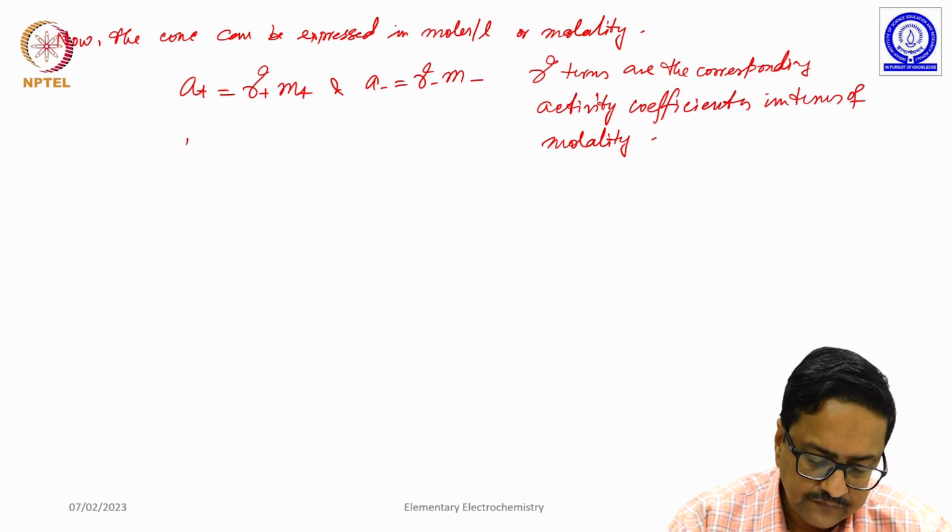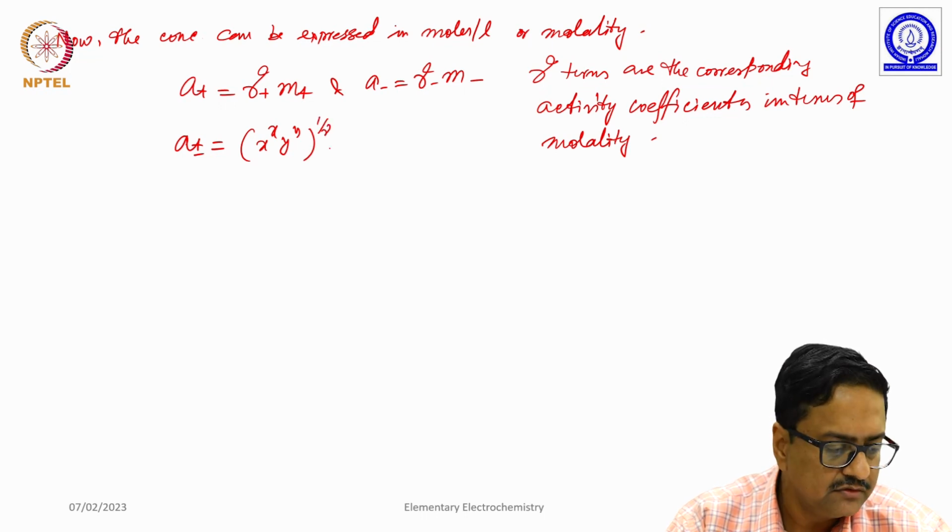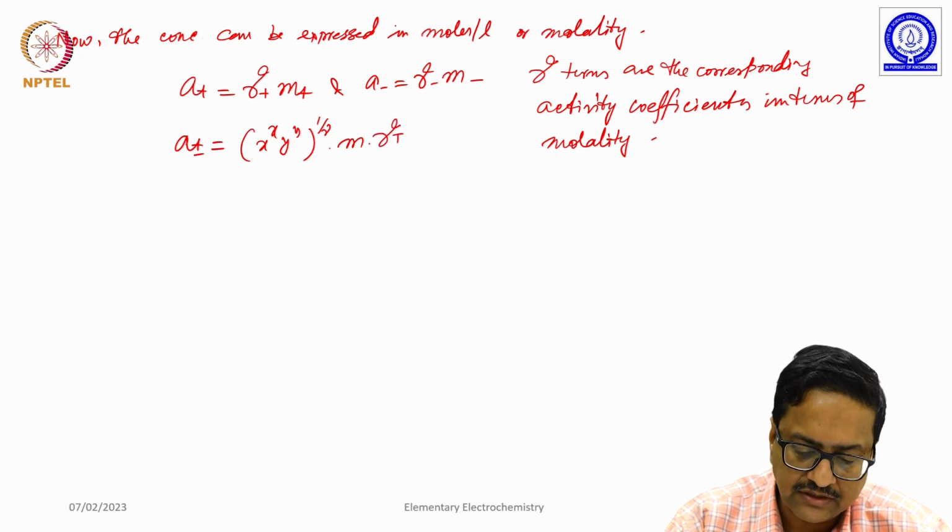So similarly, A plus minus is equal to (x to the power x, y to the power y) to the power 1 by nu multiplied by m into gamma plus minus. M is the concentration in molality.